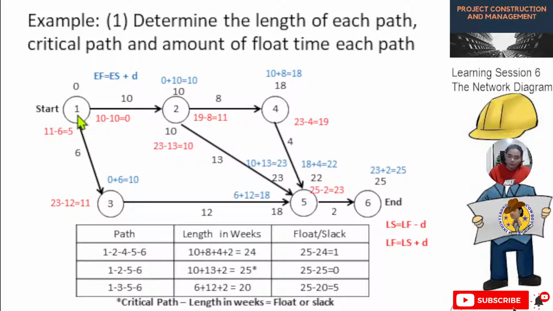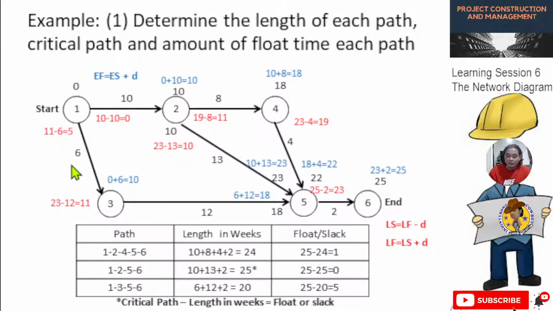This is node 1. After node 1, we have two activities on arrow. We have 1 to 2, and the duration or the time for this activity 1 to 2 is 10 days. Then for activity 2 to 3, this activity on arrow, the duration or time of this activity is 6 days.